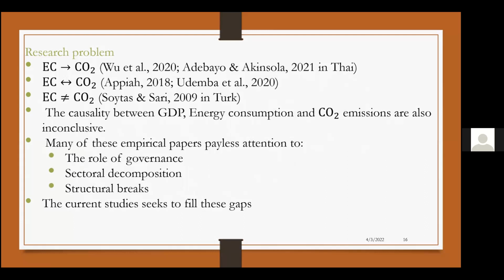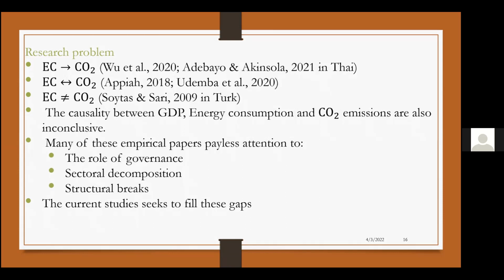So the major issue here is that these studies are inconclusive, but we also see that most of the studies that have been conducted ignore the role of governance. So this particular study seeks to introduce the role of governance and also decompose GDP into sectors.